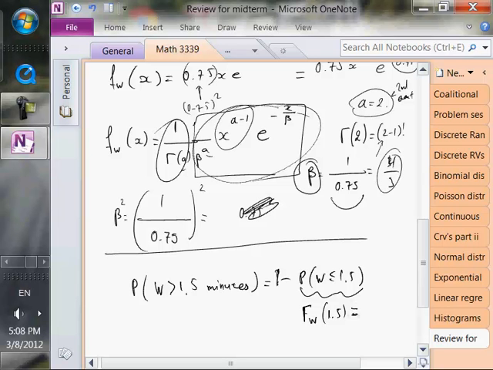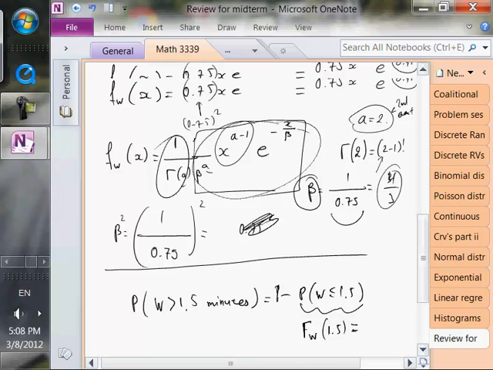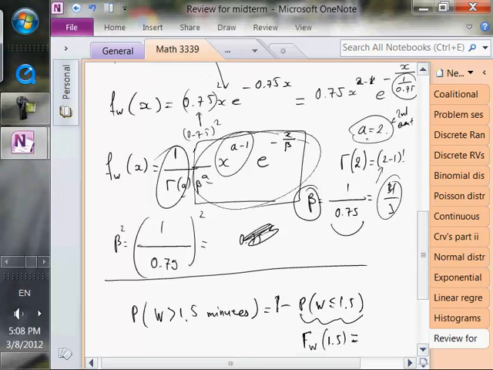Otherwise, if you don't have those, you need gamma, and I'm not going to give you such a problem with complicated gamma. When the alpha parameter of the gamma is an integer, you can do integration by parts. If the alpha parameter is not an integer, then you actually need the gamma, and I have to give you the values for the gamma.